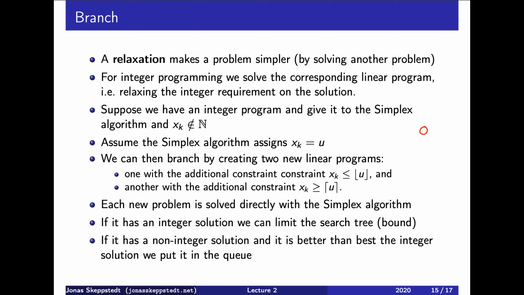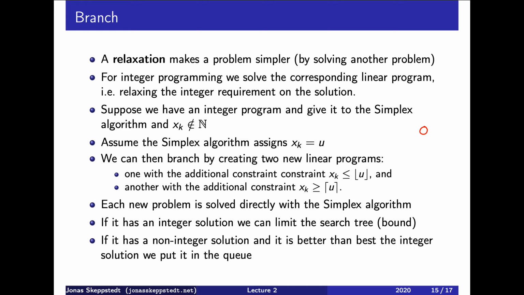And in this case, we solve the same input, but use simplex. And then with this first node, if we are lucky, then simplex finds an integer solution. And then we are done, of course.